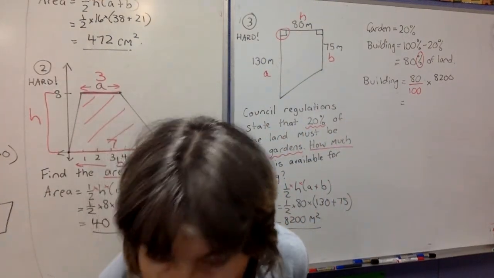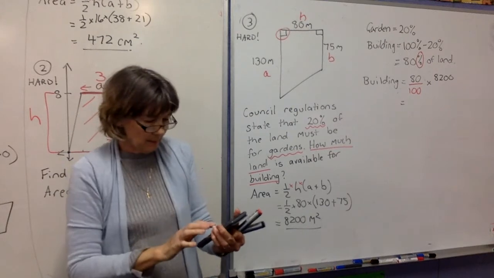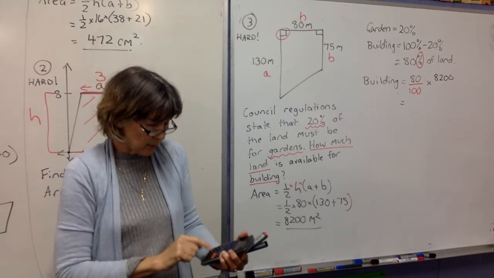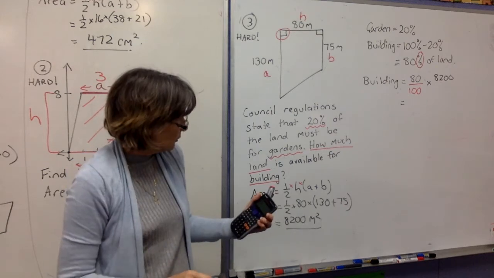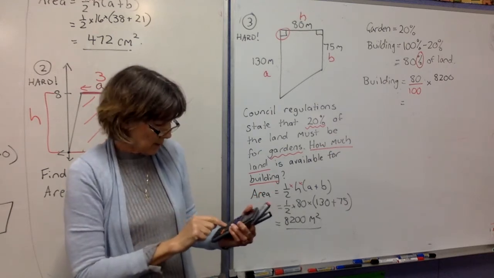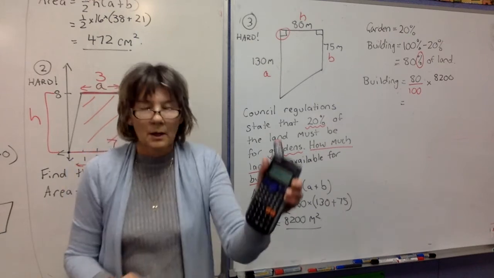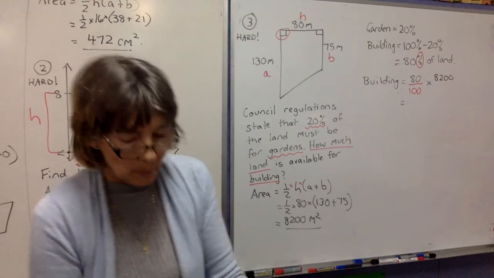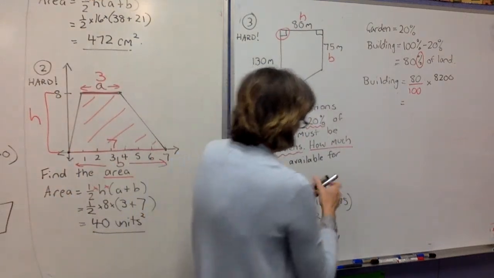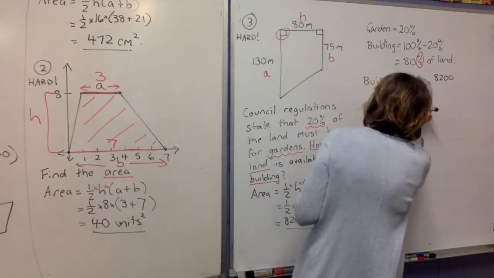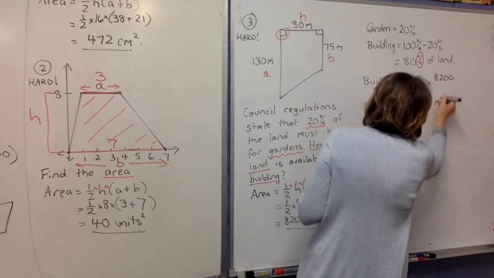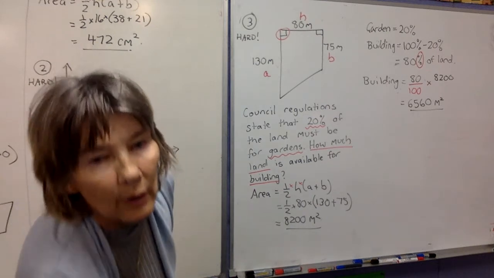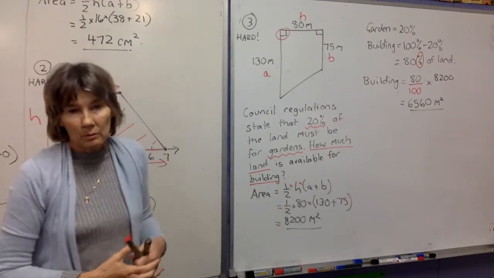So you're going to press in your calculator, fraction key, 80 over 100, right arrow out of the fraction, times 8,200. Your screen should look like that. Press equals, and we get 6,560 metres squared. So that's how much area of land the builders are allowed to build on.